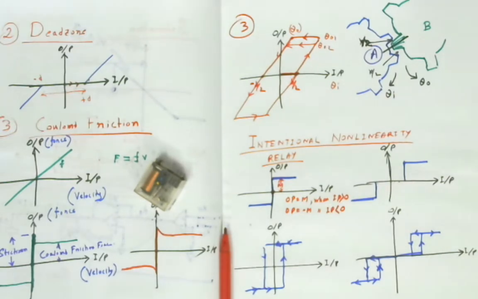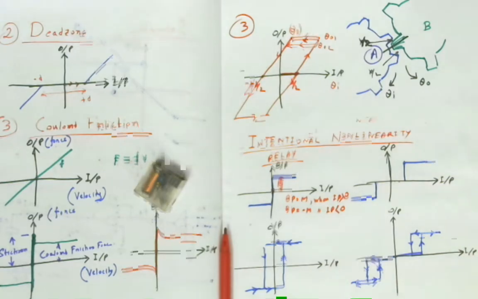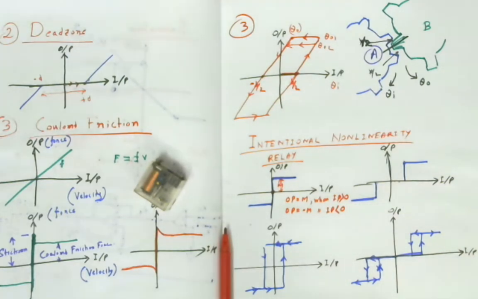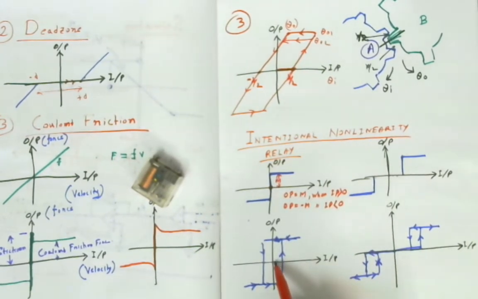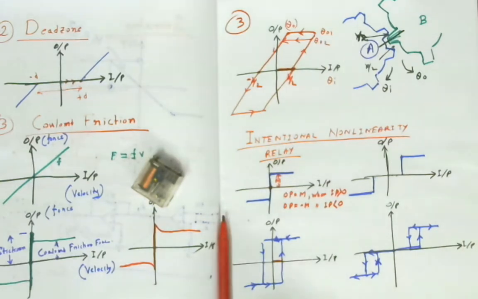Next, if I go to the next figure, it looks like hysteresis, because the relay also exhibits hysteresis kind of characteristics. If you see my figure, the relay initially requires a specific amount of current. Now the relay is on.